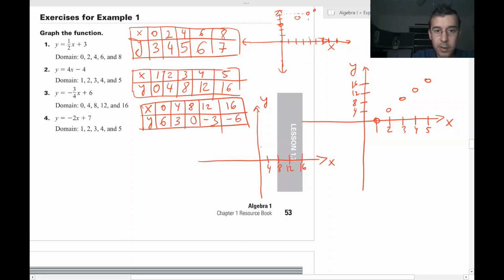Then for y, we have 6 and minus 6, so we can do maybe 3 and 6, and then minus 3 and minus 6. So 0 and 6 is right there, 4 and 3 is right there, 8 and 0 right there, 12 and minus 3, and then 16 and minus 6.